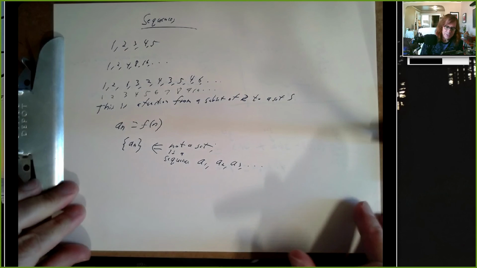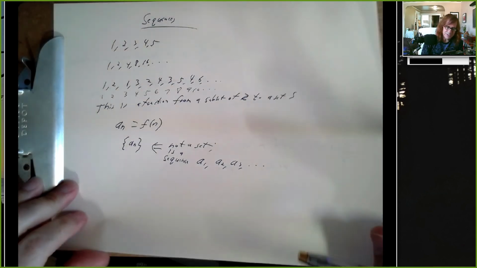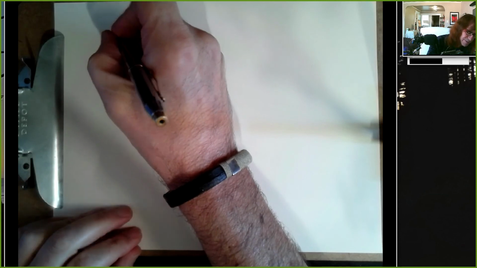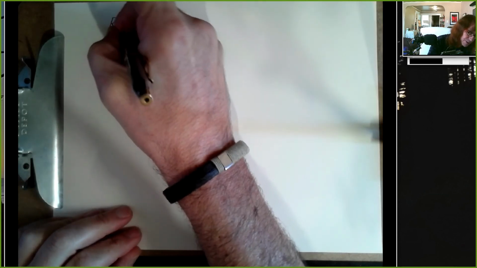All right, so why do we care about sequences? Well, there's a particular class of sequences called recurrence relations.